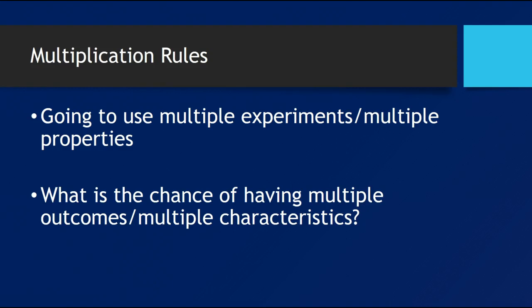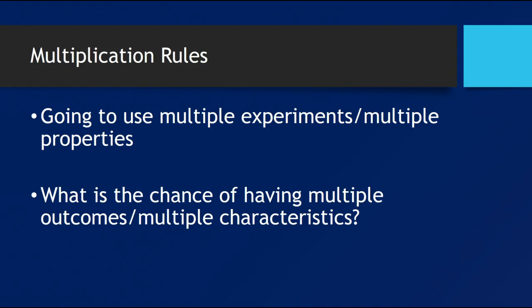And then we could also say, what is the probability that I pick somebody at random who has a trait like brown eyes? So we have two traits going on, and we could combine those into one experiment and say, what is the probability that I pick somebody out at random and they are over 5'6" and have brown eyes? So that's the type of multiple characteristics that I'm talking about.